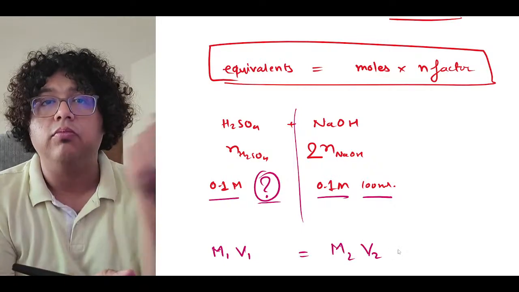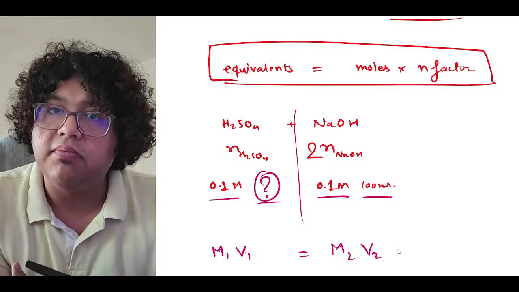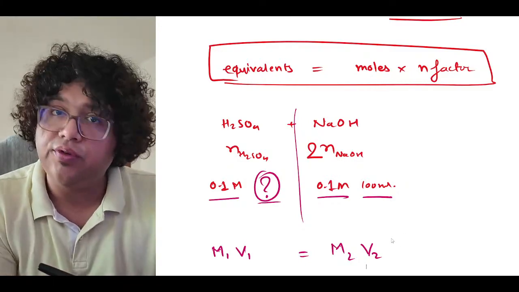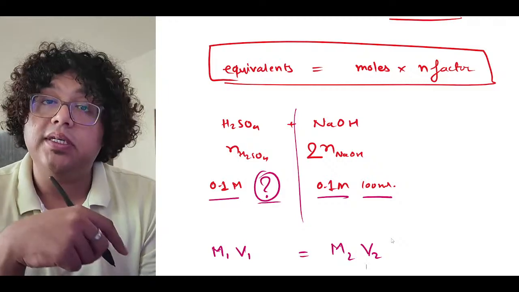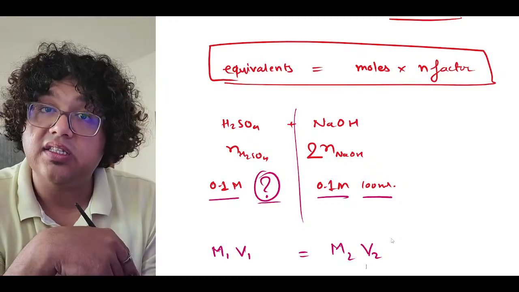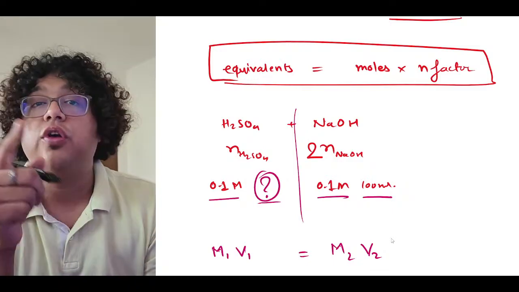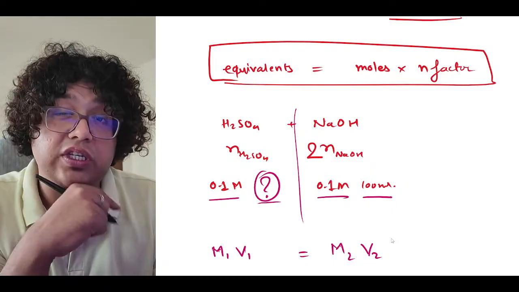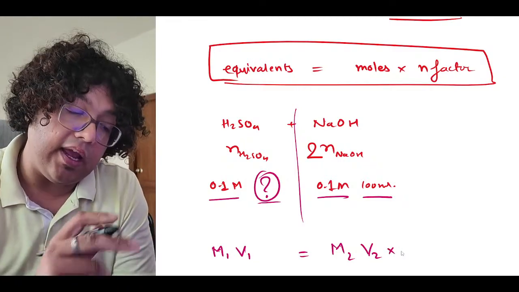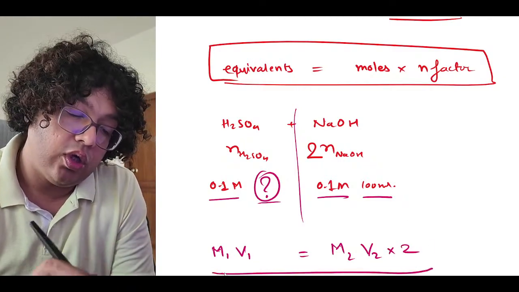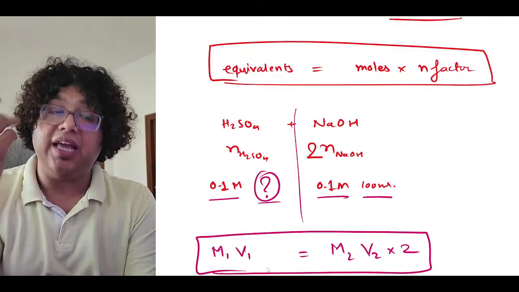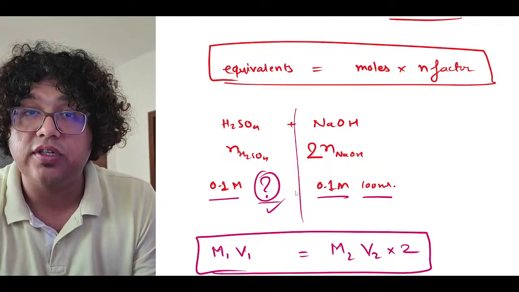Molarity into volume was technically the number of moles. Similarly, molarity into volume for NaOH will also give you the number of moles. But I have to introduce the N factor as well in this case, because one H2SO4 molecule will produce 2 H plus ions. To keep that into consideration, I will have to multiply M2V2 with 2, so that it gives me the answer of how much volume of H2SO4 is required.